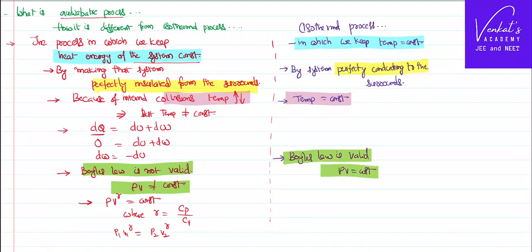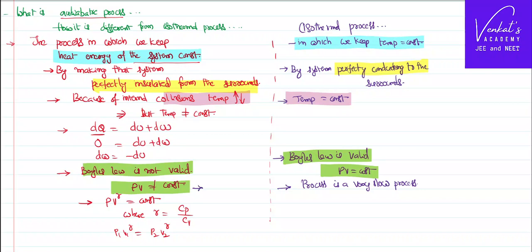As we have to keep the temperature constant, this process is a very slow process. We shall give enough time for extra heat energy either to get in or get out so that the temperature remains constant.